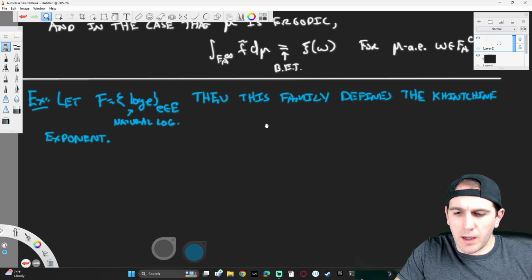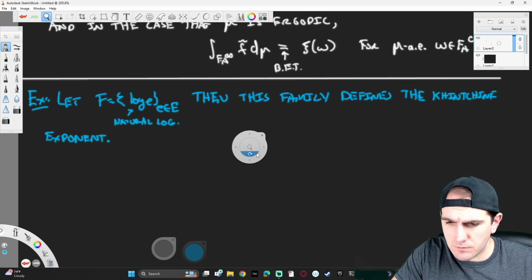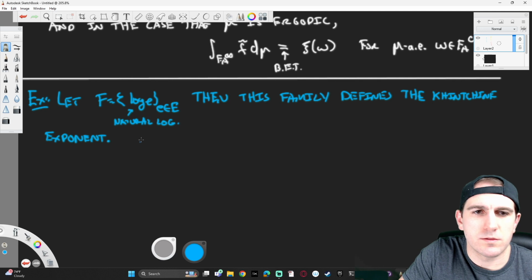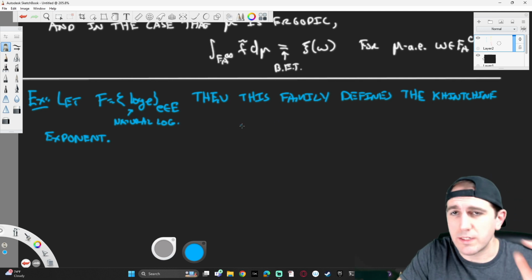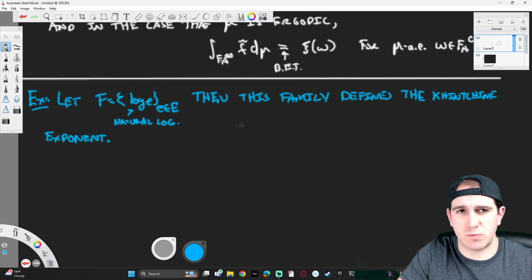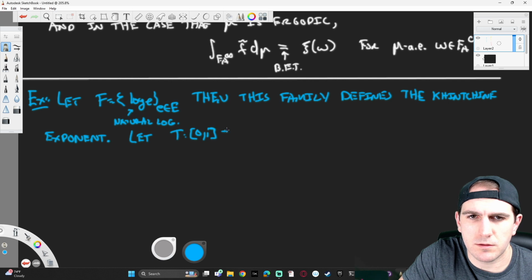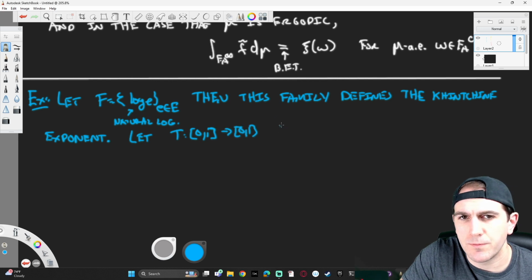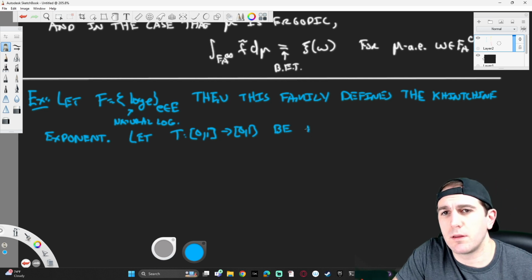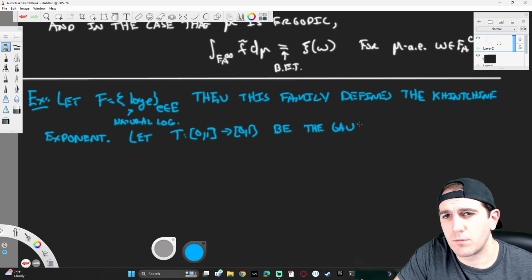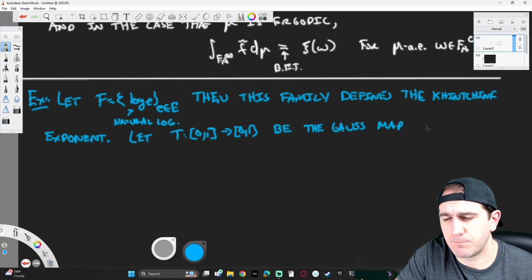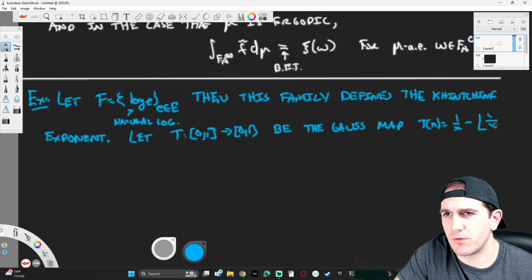So that just is what that family always defines, the Khinchin exponent for a particular system. And if we let T from [0,1] to [0,1] be the Gauss map, which is the continued fraction map, which is T of x equal to 1 over x minus the floor of 1 over x.